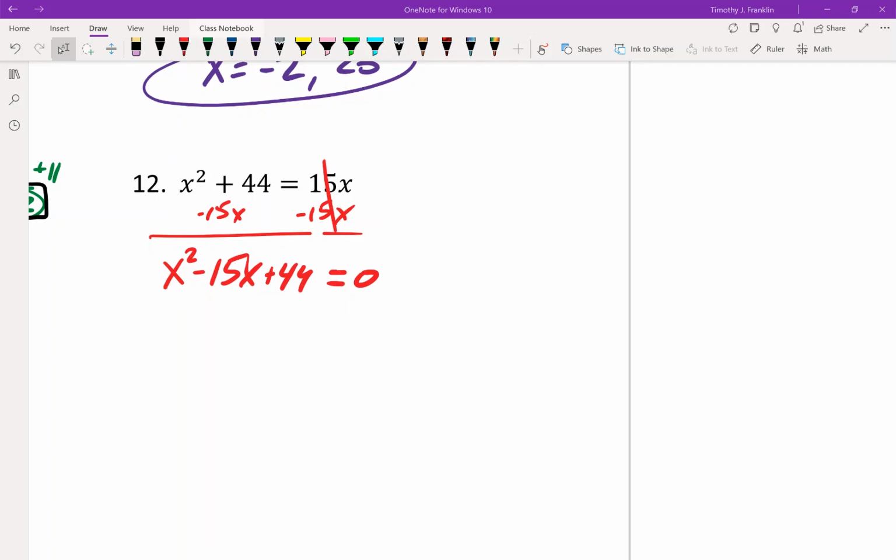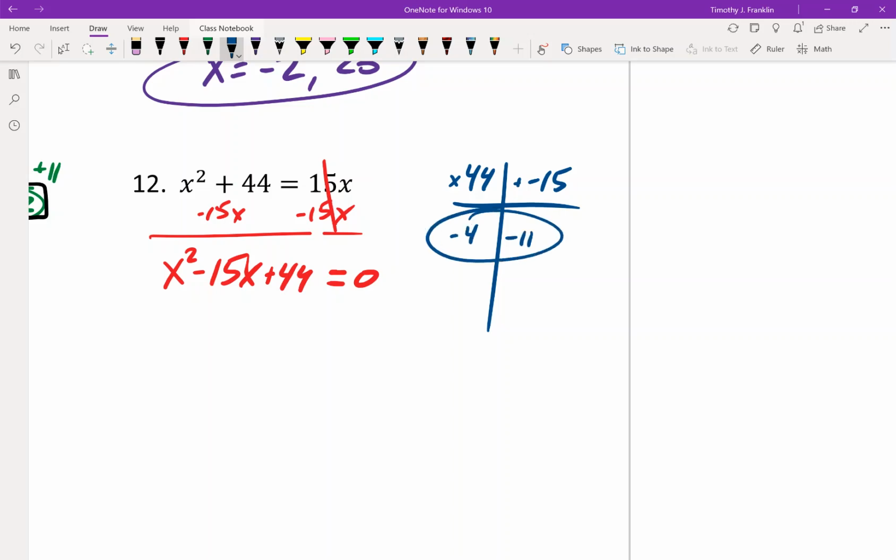Okay, so we need two numbers that multiply to 44 and add to negative 15. So they multiply to positive 44 but add to a negative. So because they add to a negative but multiply to a positive, we know they both have to be negative. And I think the numbers we want are negative 4 and negative 11.